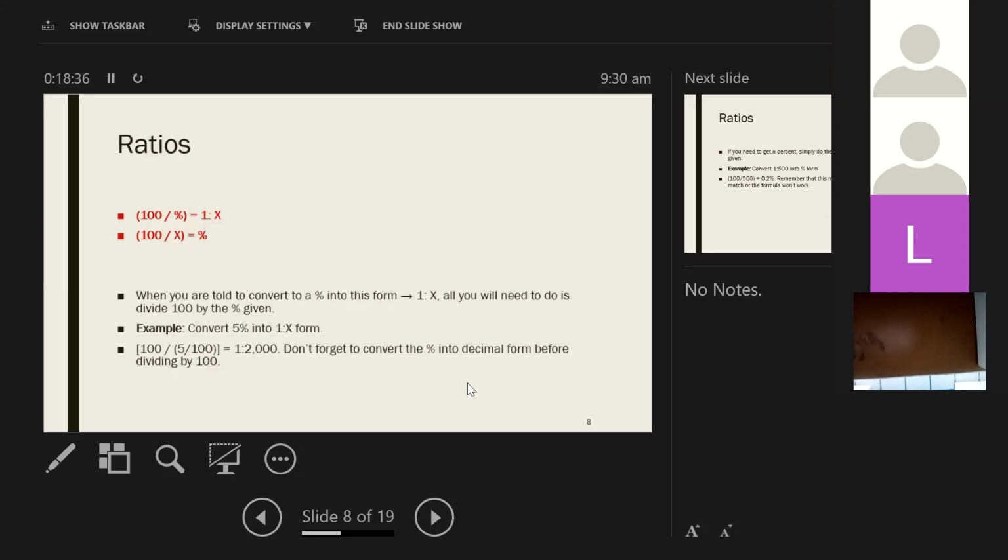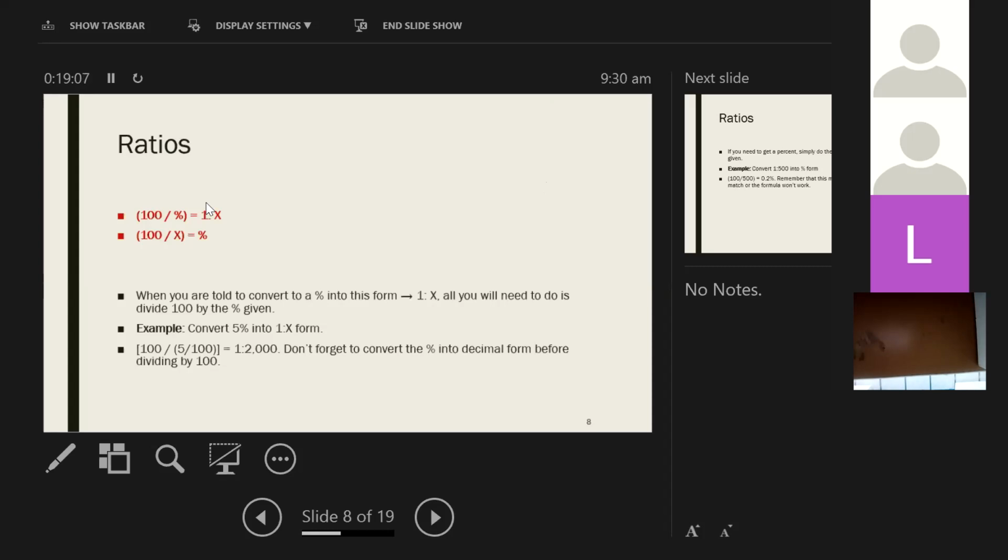Another important thing that we're going to be looking at is what we call ratios. Ratios we can define as a part of 100. It's also in the form of a fraction, and also a form of a portion. Looking at what we have here, we can express ratios in two formats, or you can use the one part to calculate the other.